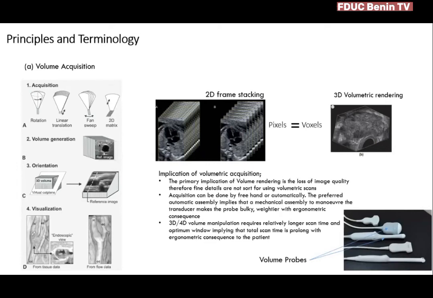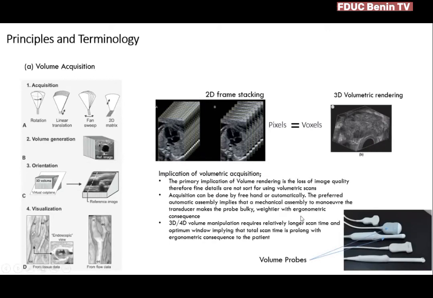On this image here, I have shown a 3D or volume probe and a conventional ultrasound probe. You would observe that the volume probe has got more bulk compared to the conventional ultrasound probe.